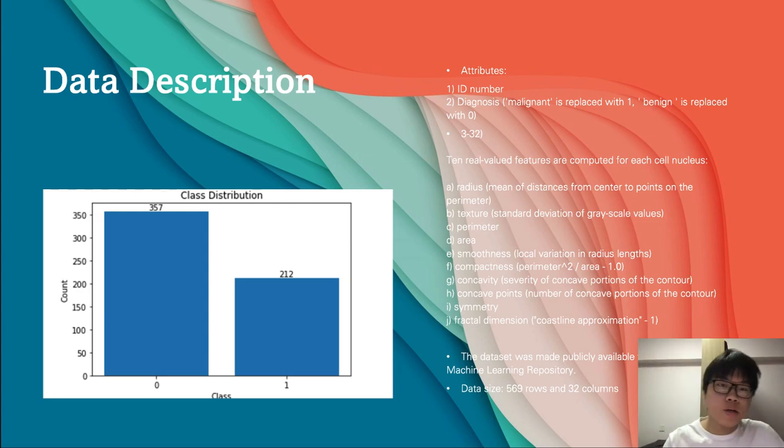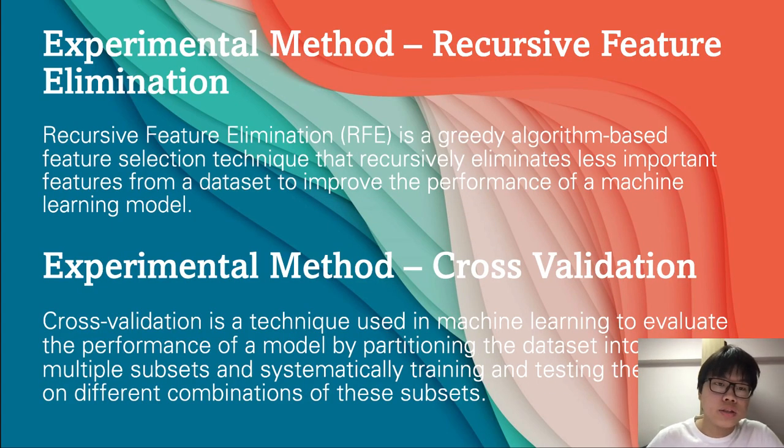Well, thanks to my partner. Then I will do the introduction about the methods we used in the project. First is recursive feature elimination. This method is a gradient algorithm-based feature selection technique that recursively eliminates less important features from the dataset to improve the performance of a machine learning model.